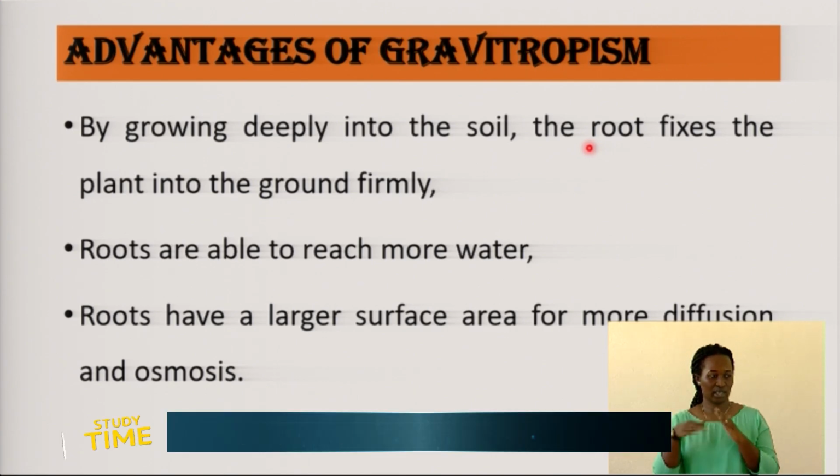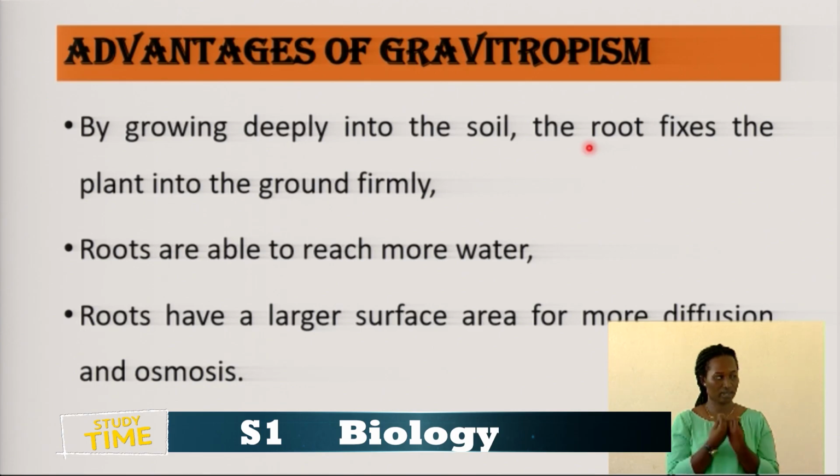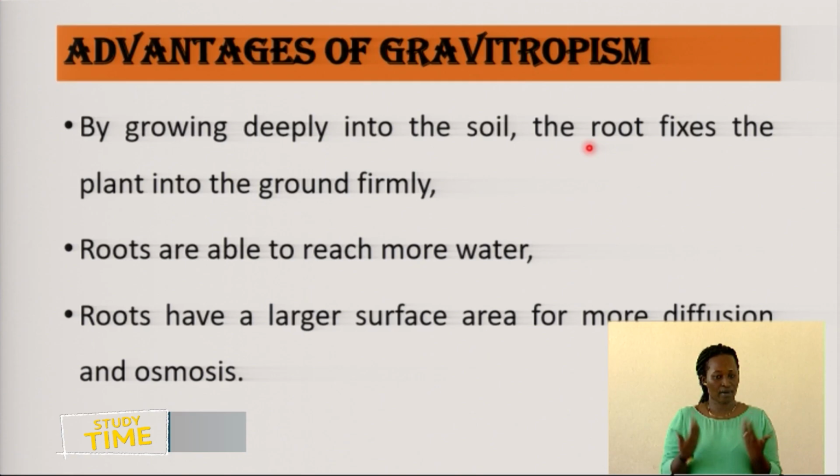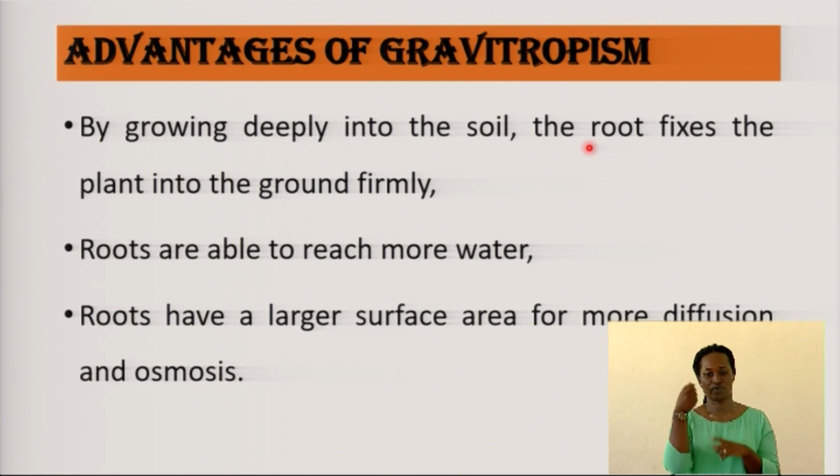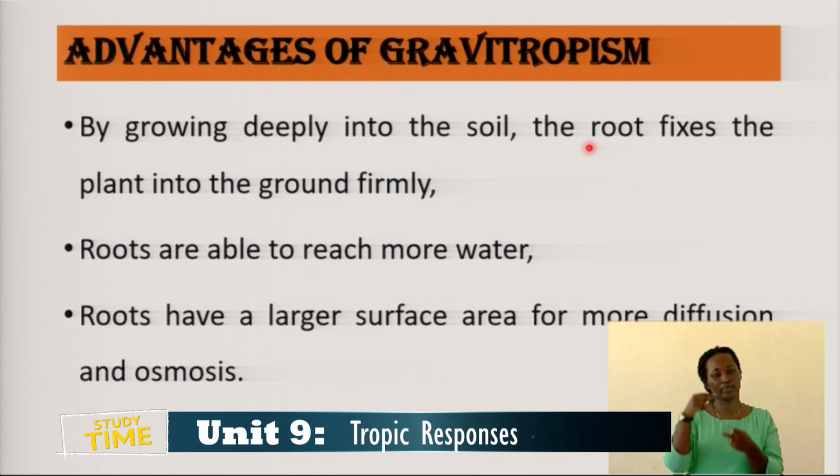Then we have seen that organs of the plant can respond or can move to or away from the stimulus. So we have also talked about two types of tropism: phototropism, the growth or the movement of the plant towards the sunlight, and gravitropism, the growth of the plant towards gravity.